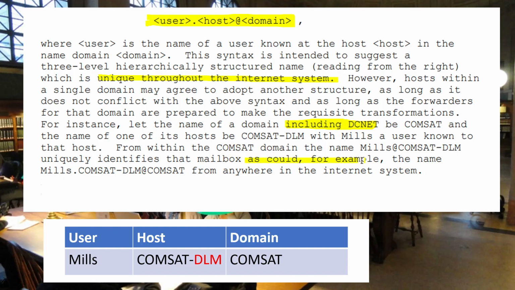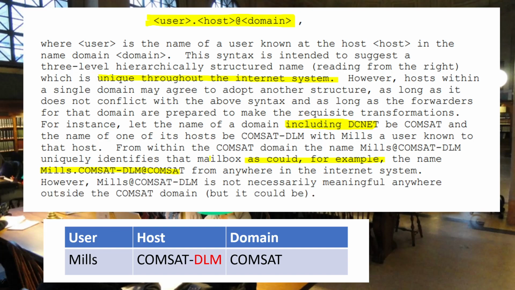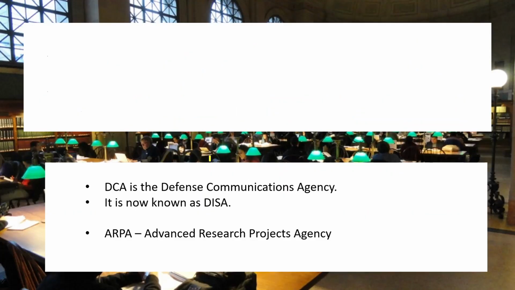As could, for example, the name mills.comsatDLM, so dot and then the name of the host, Comsat DLM, at Comsat, from anywhere in the internet system. So if you had that, where you have the domain name after the @ sign, that's unique anywhere in the whole internet system. However, Mills at Comsat DLM is not necessarily meaningful anywhere outside the Comsat domain, but it could be, but not necessarily.